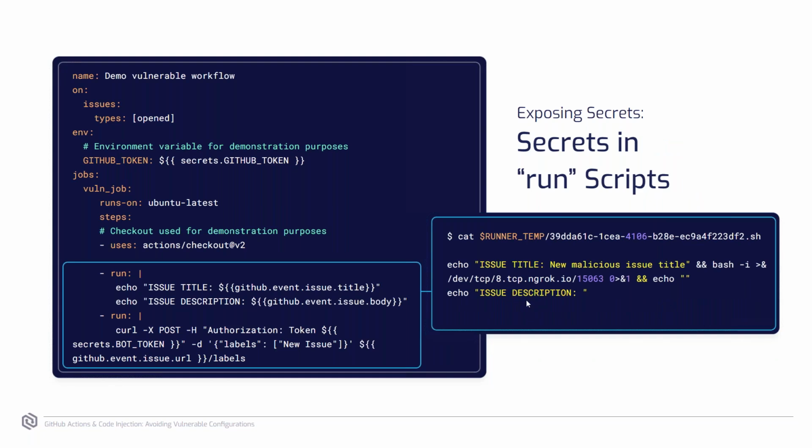The third method is a bit more complex. During our research, we understood that each such run command is written into a shell file before it's executed. For example, if he fetches this file, he will receive the exact run step that we see here, but instead of the placeholder with the double curly brackets, it will have the actual value inserted as part of the event.